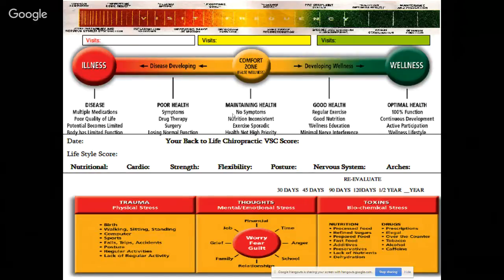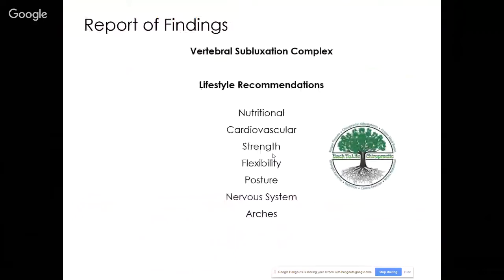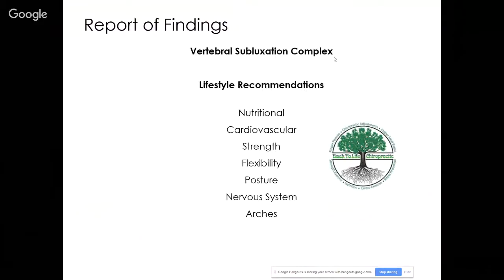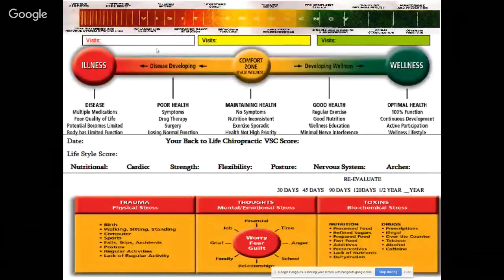And so that's the main thing with diagnosing stress and anxiety and seeing how it's affecting your body: using a nice system of the vertebral subluxation complex, which is nervous system, and then lifestyle recommendations: nutritional, cardiovascular, strength, flexibility, posture, nervous system, arches. Organizing it in a nice way, and then trying to figure out how to get out of crisis, how to get out of this transition area, and how to stay in wellness.